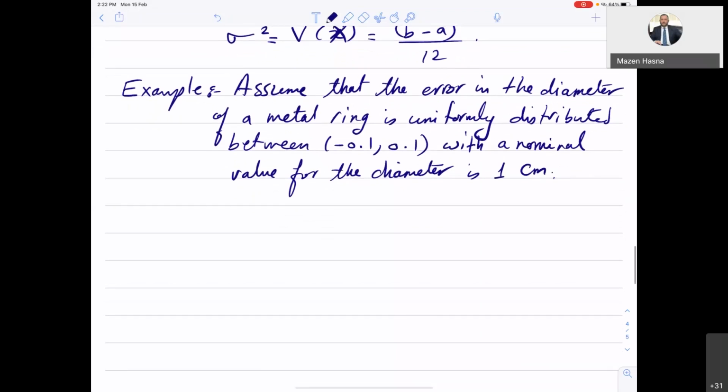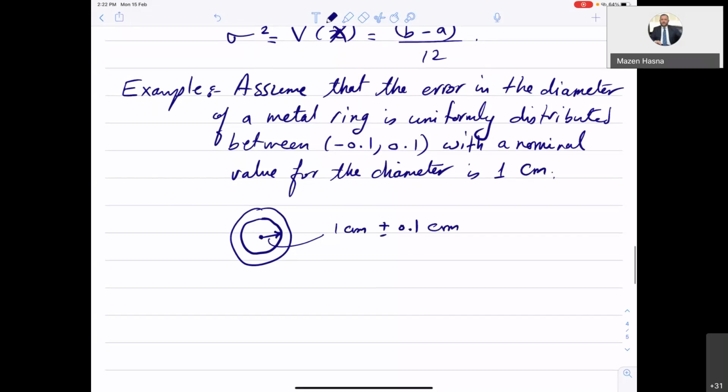So we're talking about cheap rings that you buy, like washers, that you use in everyday life. So exact diameter is not that important. So this can be 1 centimeter plus or minus 0.1 centimeter.